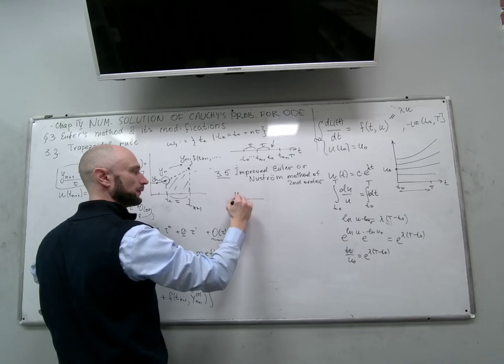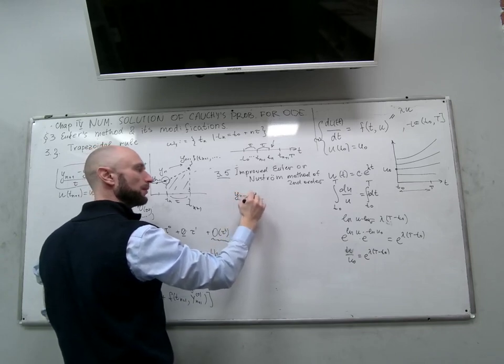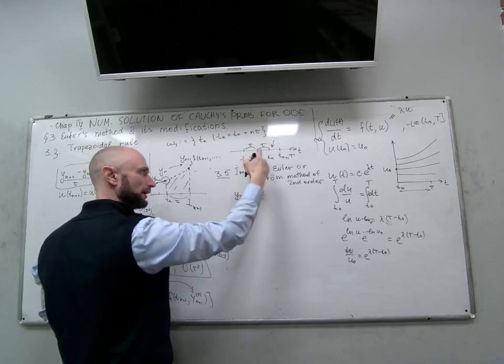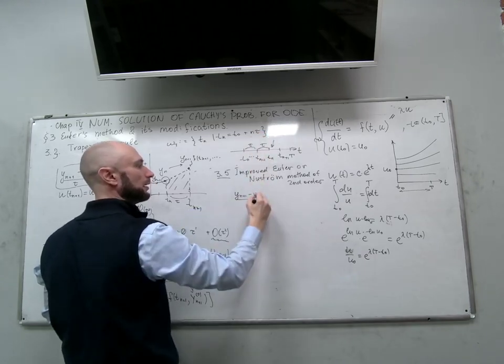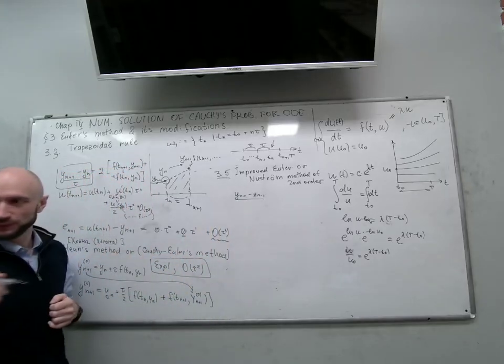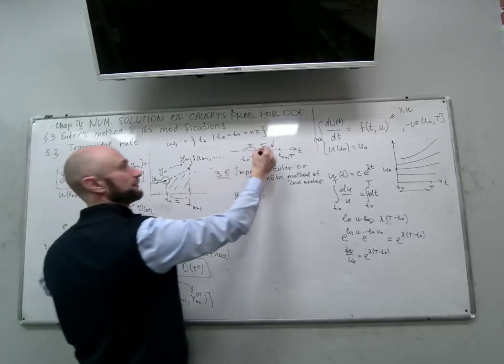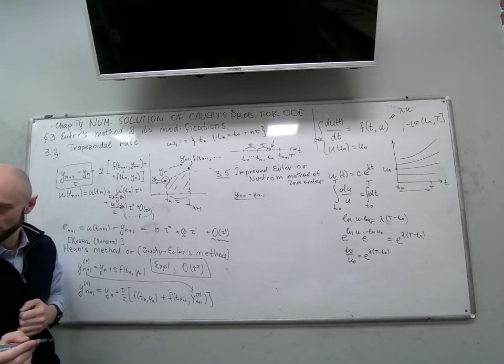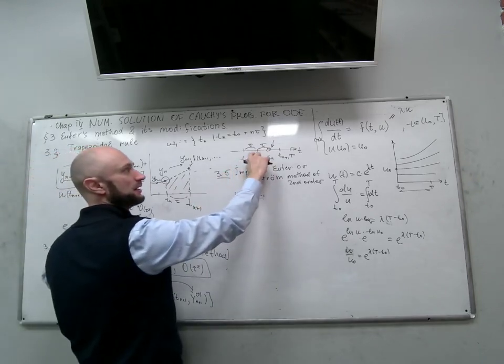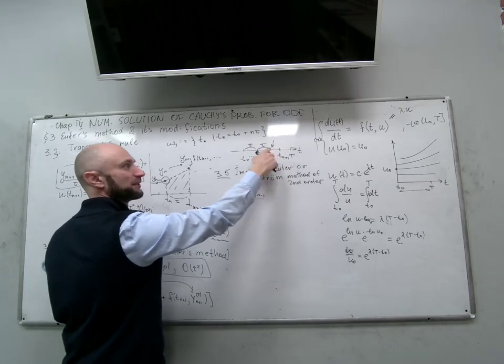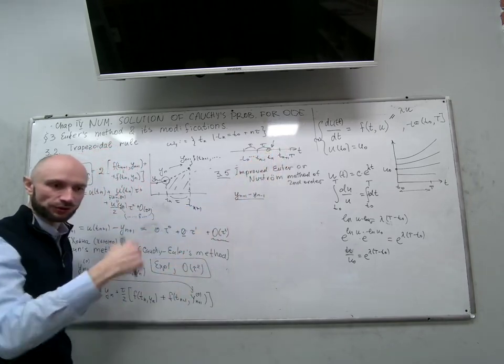Yn plus 1 minus yn minus 1, if I want to use the central difference to compute the derivative at this point. Central means I go to the left and I go to the right, but the very point is not involved.